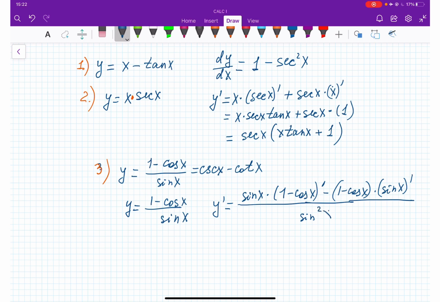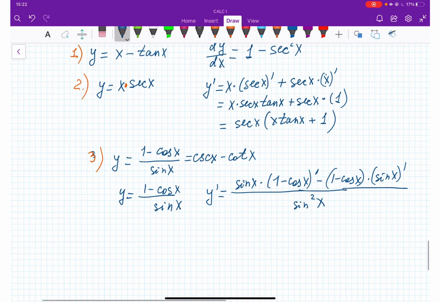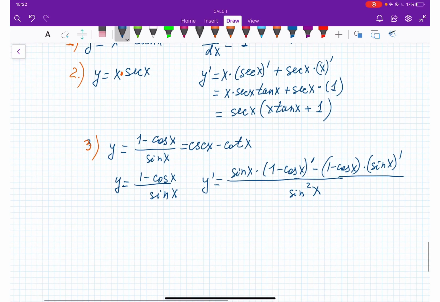Okay, just to remind you the quotient rule real quick, based on what I have used.